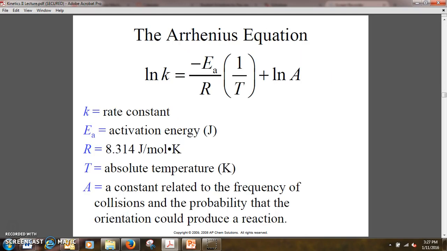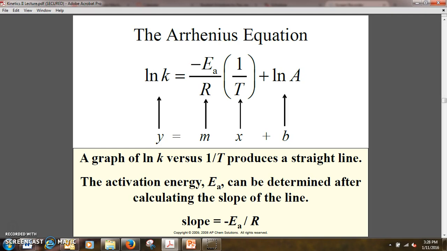And then that brings us to the infamous Arrhenius equation, which is more or less a y equals mx plus b equation. As you can see there, k is the rate constant, E sub A is the activation energy, you have the R constant, you have the absolute temperature, and then you have A, which is a constant that's related to the frequency of collisions. And there's how it correlates to the y equals mx plus b equation.